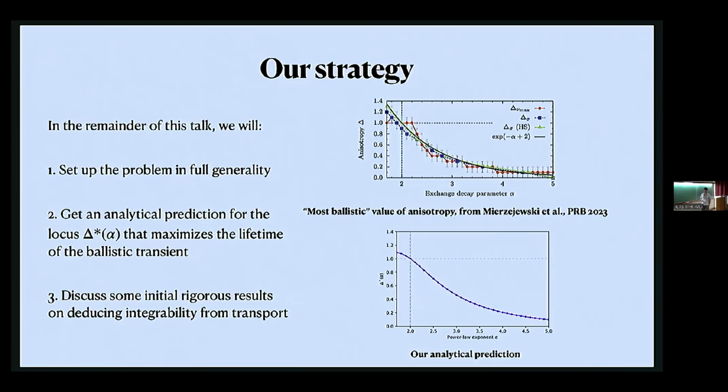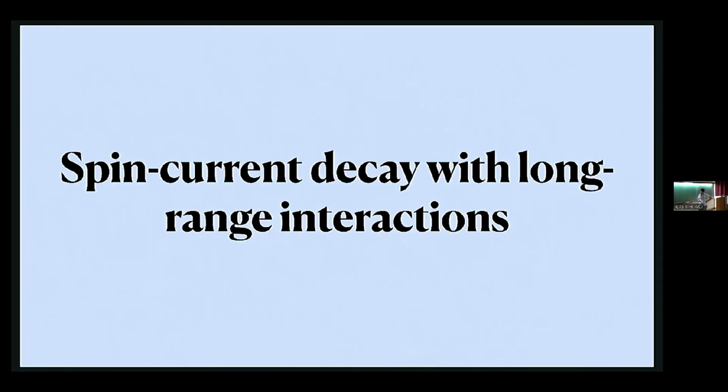And finally, I'll present some initial rigorous results on deducing integrability from transport, by which I mean that the class of transport that you see can actually be used to tell you something about integrability. These are initial results, but I think they give some sense of what you'd have to do to prove this so-called integrability transport conjecture in full generality.